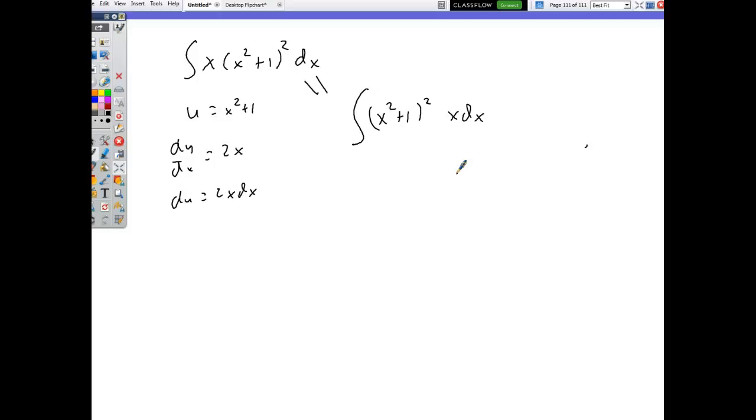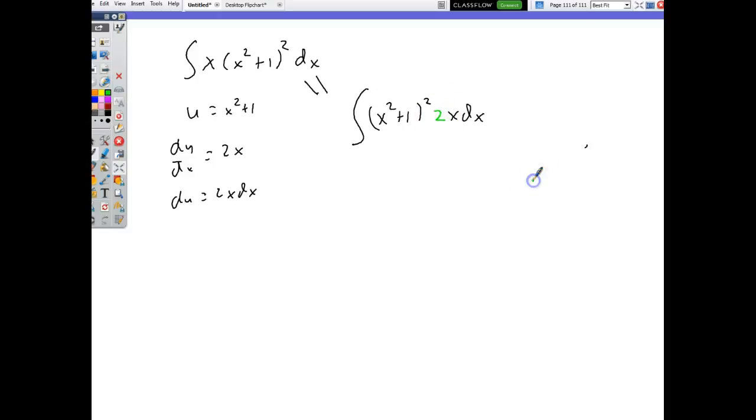I thought we're plugging into u. I'd love to plug into u, but I have to have it be 2x dx for me to replace it, right? Is there a 2x dx sitting here? That's a problem. So this should be du over 2. I need a 2 there. So I'm going to put a 2 there.